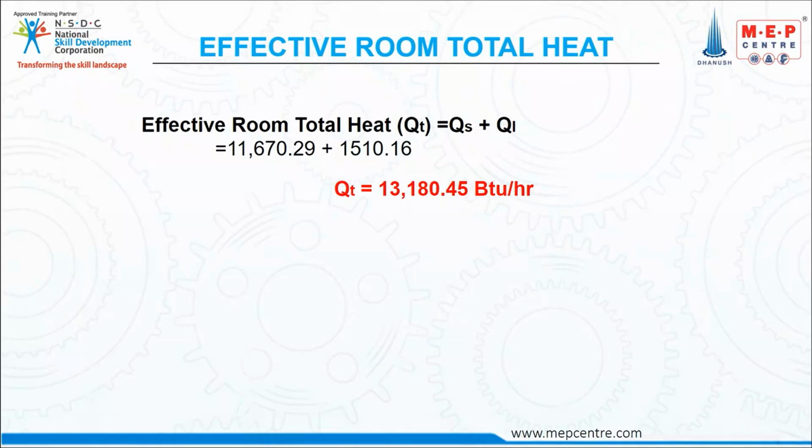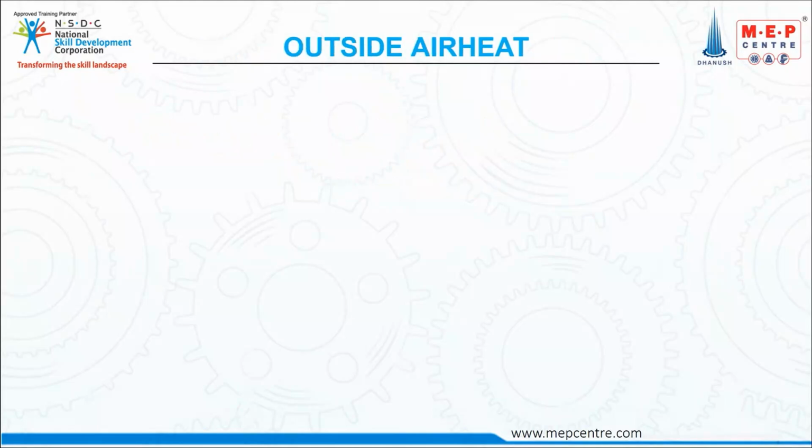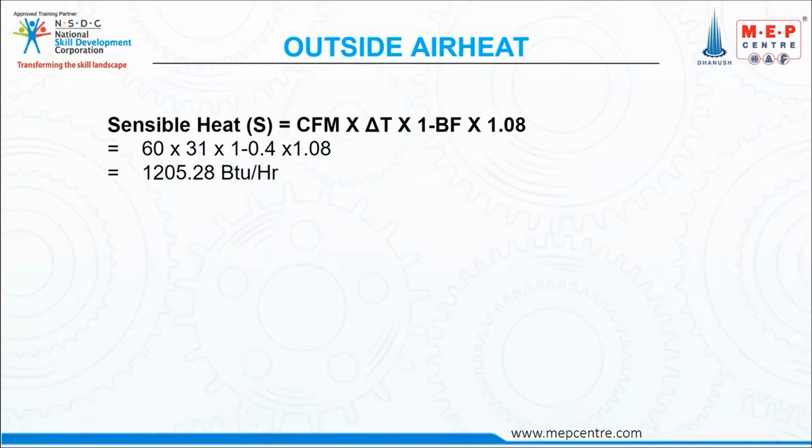Now we need to calculate the capacity of the machine. To calculate the capacity of the machine, we need to calculate the outside air heat. Yesterday we calculated with respect to the bypass factor, now we have to calculate with respect to the contact factor. So the sensible heat of the outside air heat is CFM into delta T into 1 minus bypass factor.